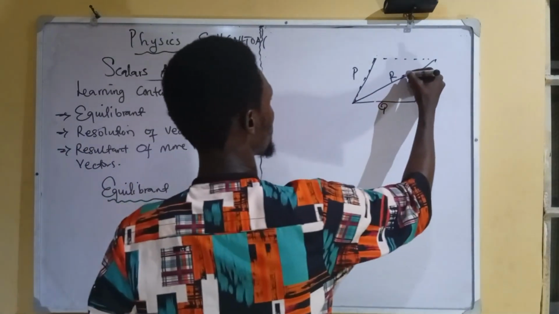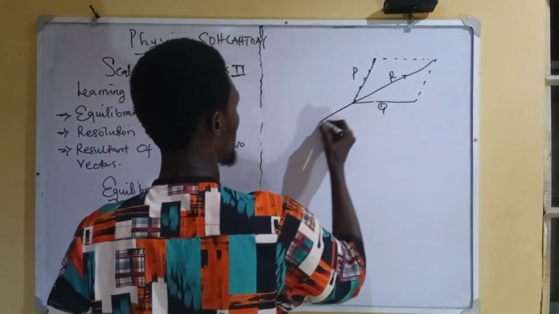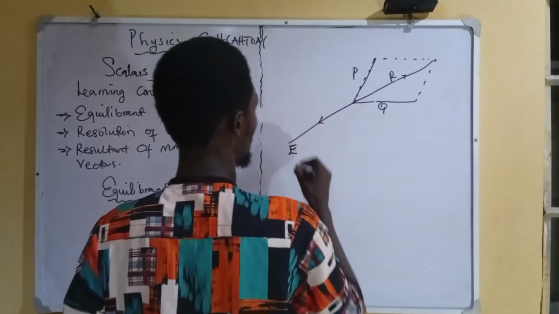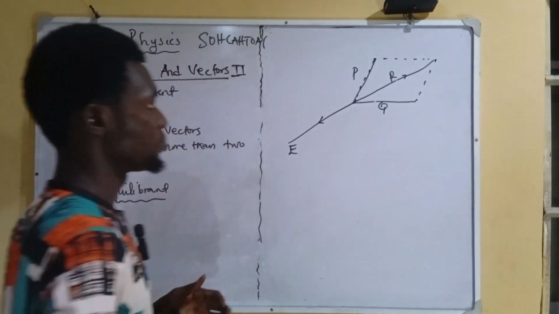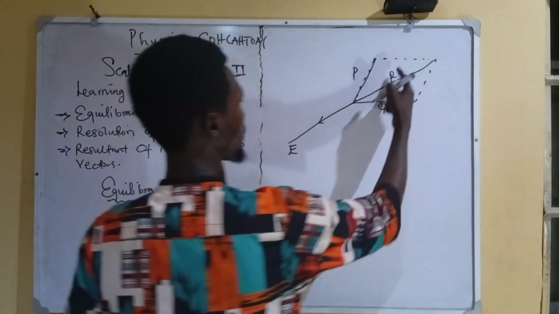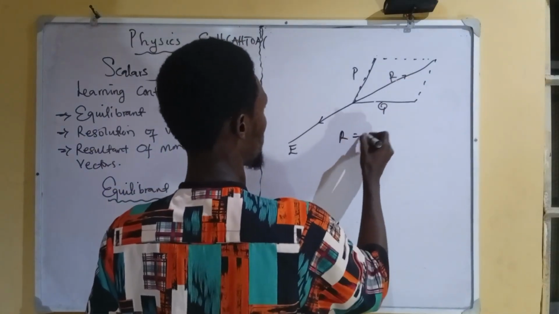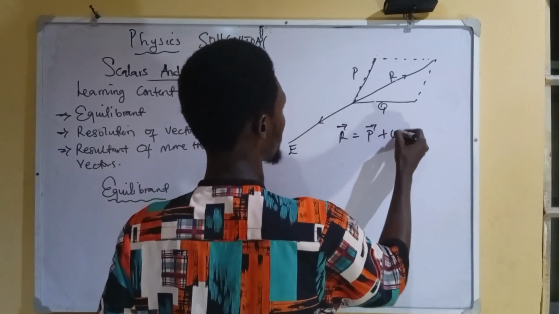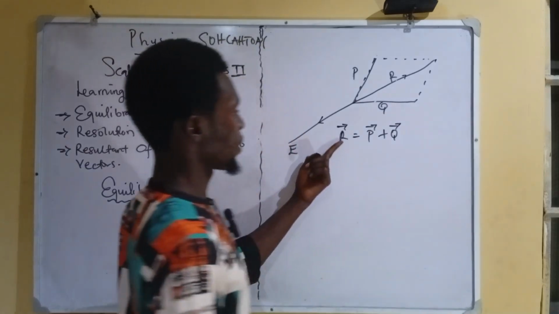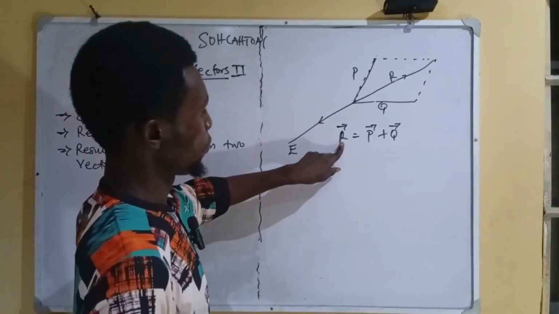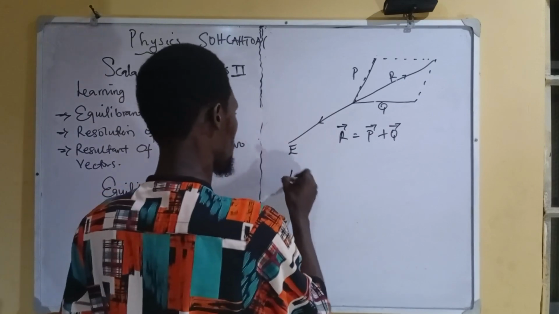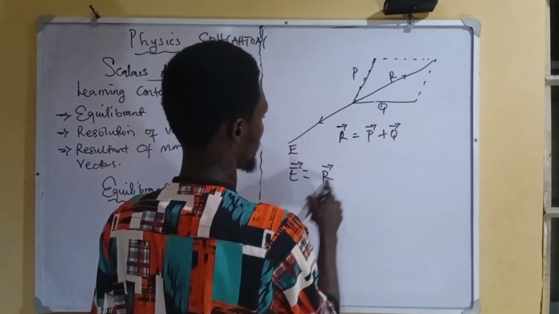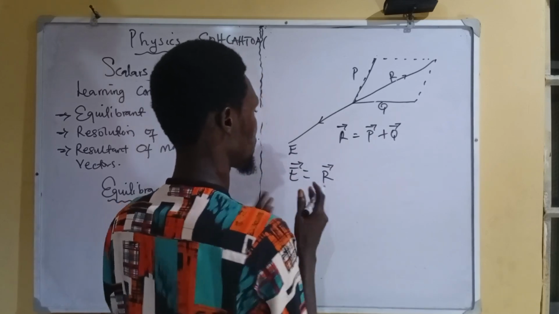And then there is another force which will act in opposite direction to the resultant. And this other force is called the equilibriant force. So if you can calculate the resultant, your equilibriant in magnitude would be the same, but in opposite direction.